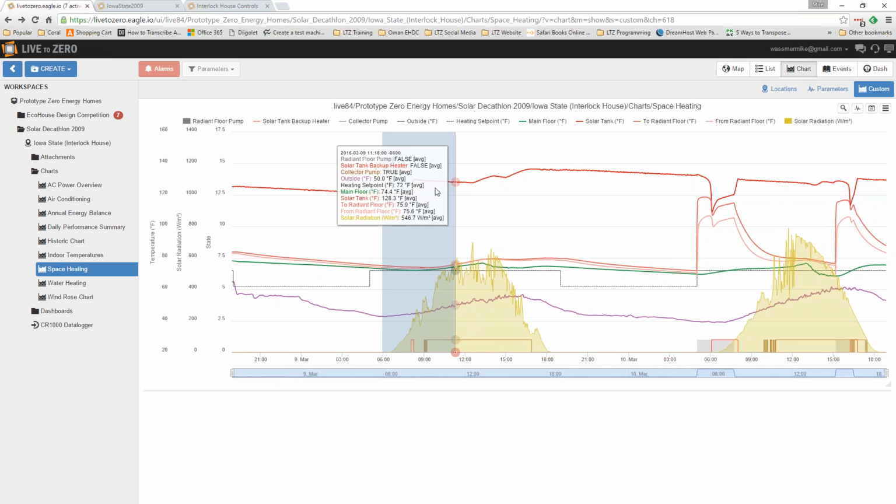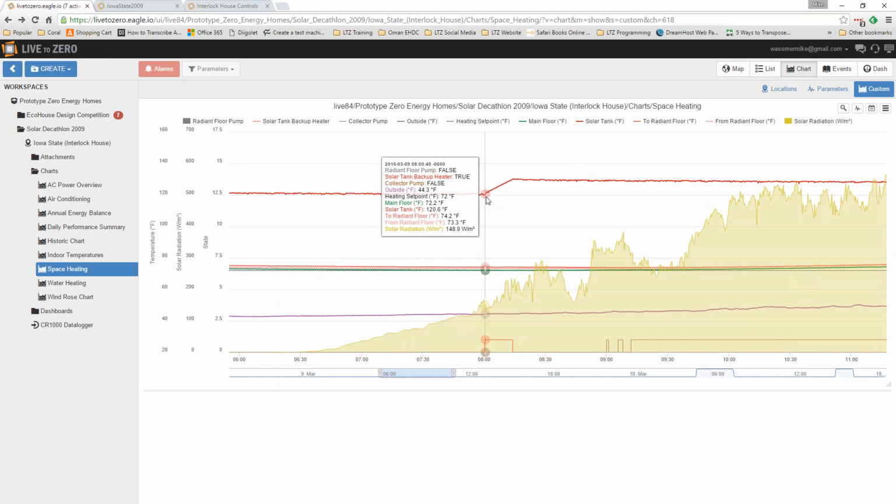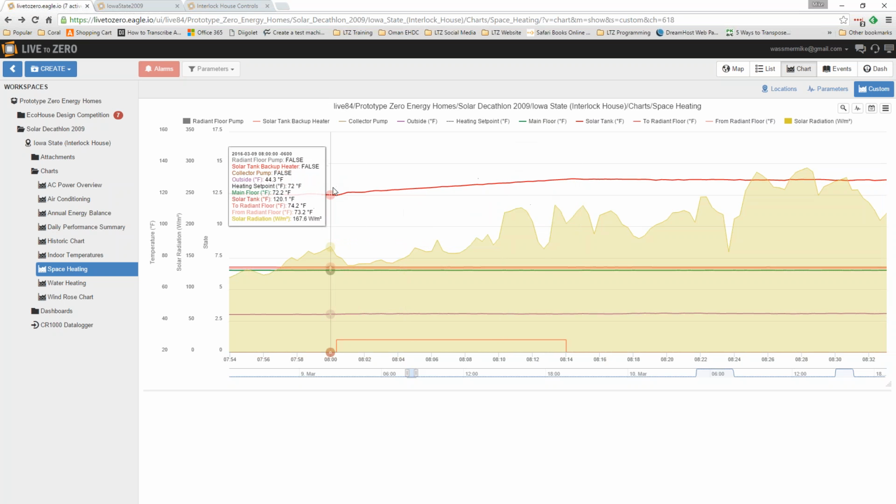So if we zoom in here, this is the top of the solar tank, and you see the number, it's 119.8. That was the moment at which the system said, uh-oh, we're below the lower set point, and therefore we've got to turn the electric heat on.